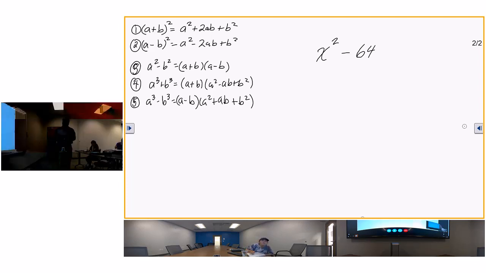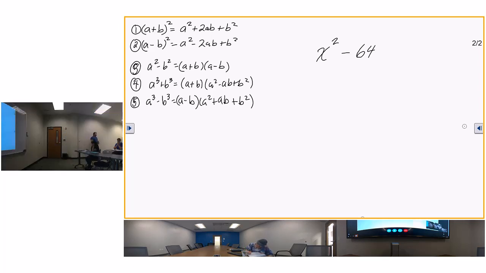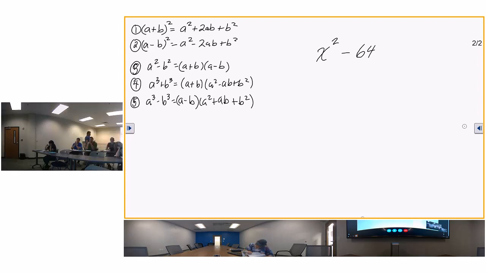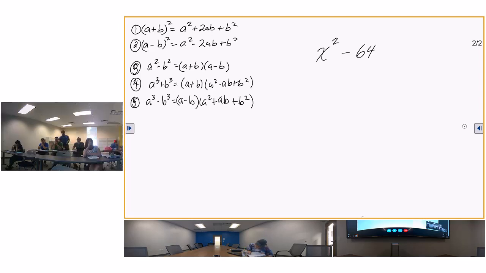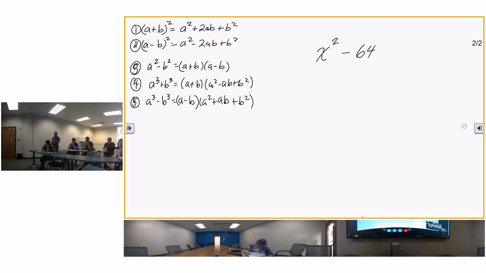Now, when you look at this problem, and I'm just going over it like I do in algebra, you look at the problem, which one is it not? There's two that you know it's not from the get-go. 4 and 5. Why? Because x squared is x squared. It's not cubed. So 4 and 5 are out. So which ones do you pick from now? 1, 2, and 3. Which one on the left-hand side does not have parentheses? 3.